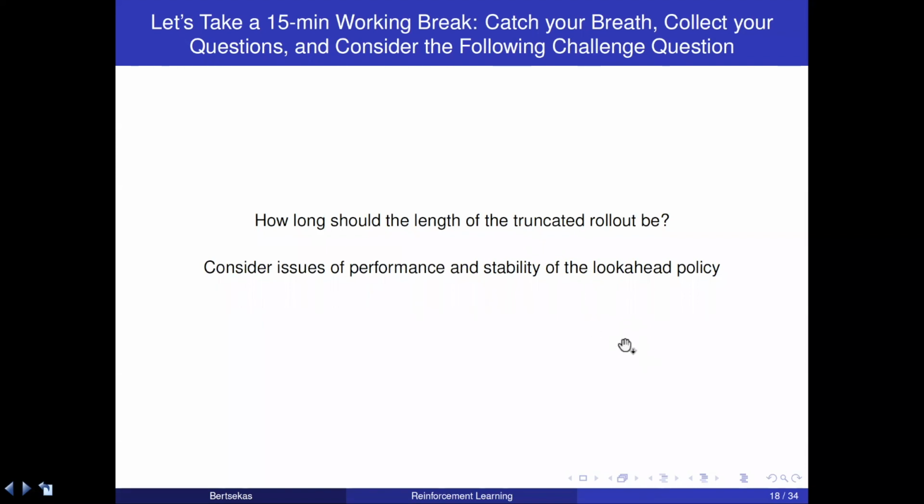Hey, Professor, I have a question. What's the difference between truncated rollout and multi-step look-ahead? In multi-step look-ahead minimization, you do the minimization over all possible sequences of controls.